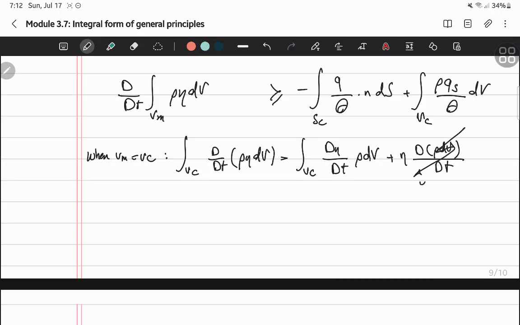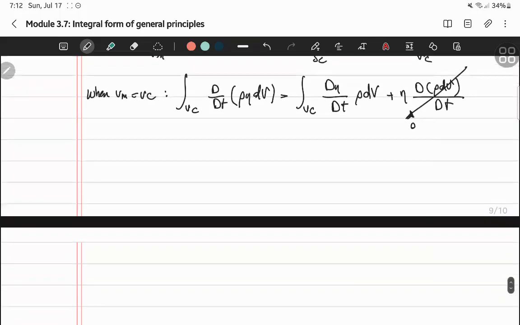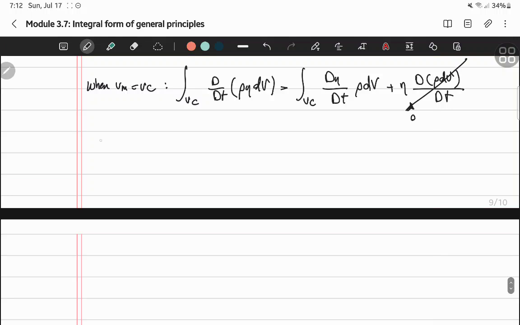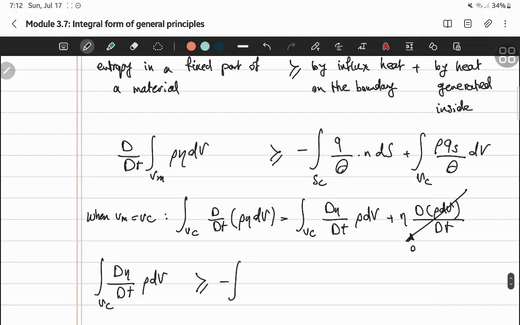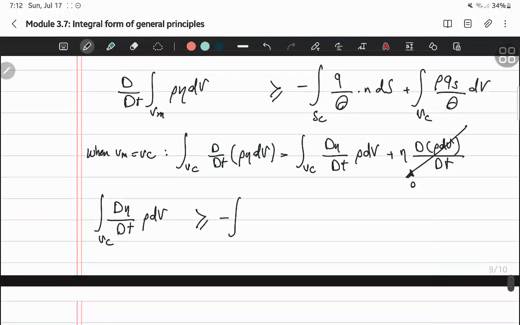Due to the conservation of mass, this is equal to 0. So we only have d eta/dt rho dv over Vc, which is greater or equal to minus the integral over Sc of Q divided by theta dot n. Using the divergence theorem, we can write this as the divergence of Q over theta over Vc dv, plus the integral of rho qs over theta dv on Vc.